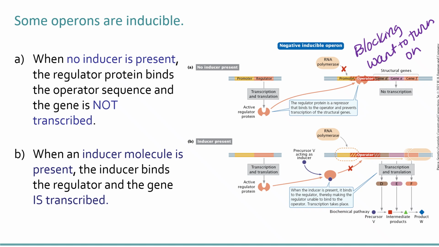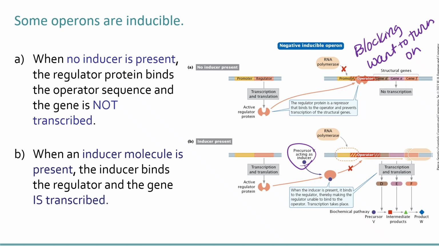So in order to turn a gene on, an inducer molecule has to be present. So when that molecule is there, maybe it is a little bit of the reactant in a metabolic reaction or something like that, it's going to bind to that activator. And because that activator is now bound to this inducer, this little gene product from somewhere else, or maybe something from the environment, it forces the operator to let go.